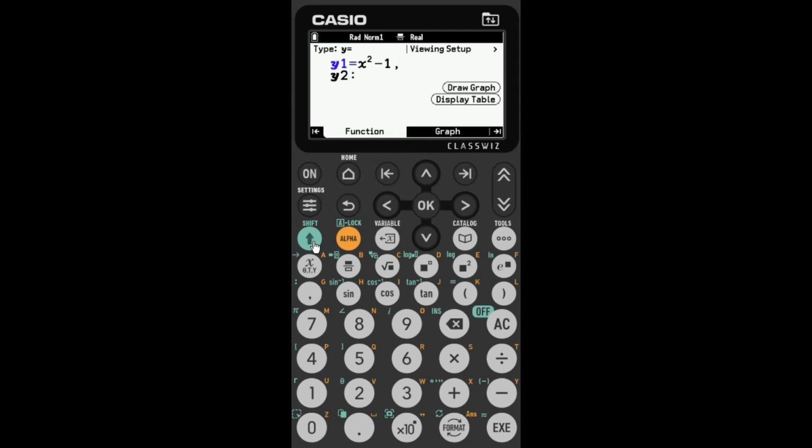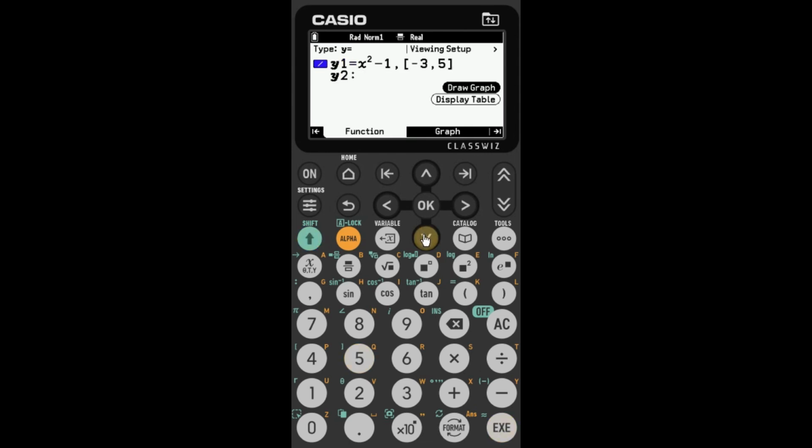To do this, press Shift, then 4, and let's suppose the lower limit of my domain is -3, and to define an upper limit of the domain, I press the comma key again. I can now input my upper limit, for example 5. We need to close off with the square brackets, so we press Shift and this time the 5 key.